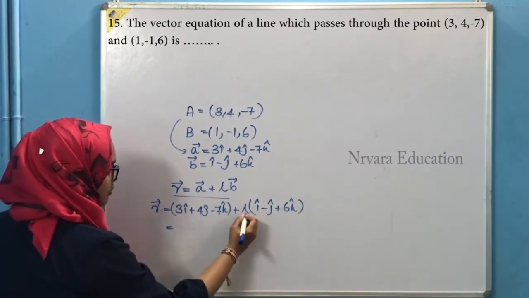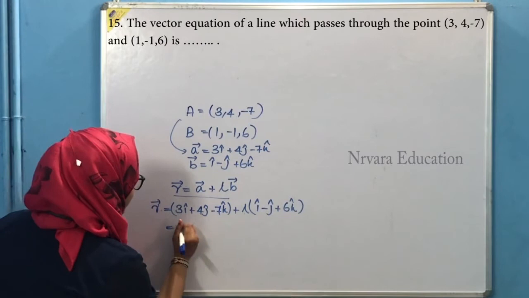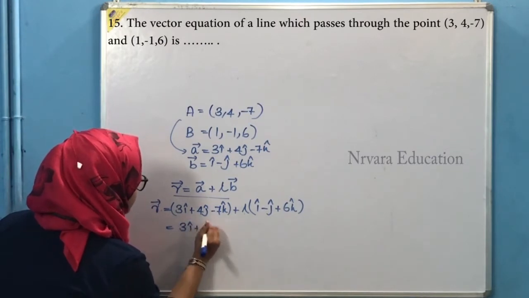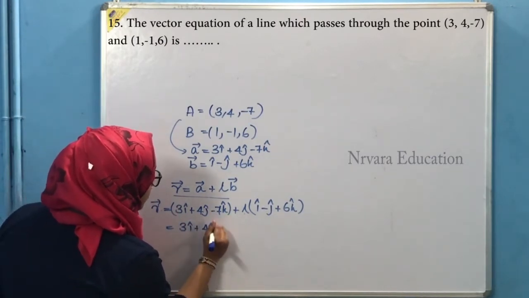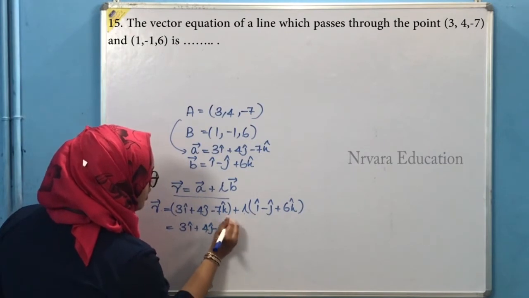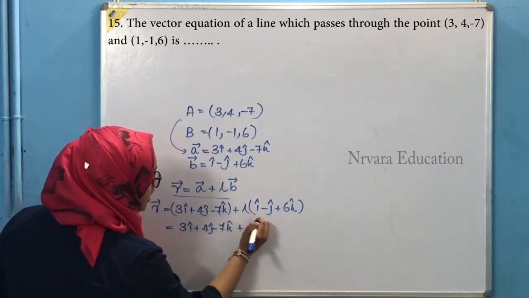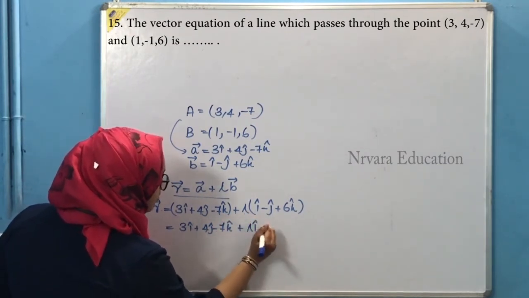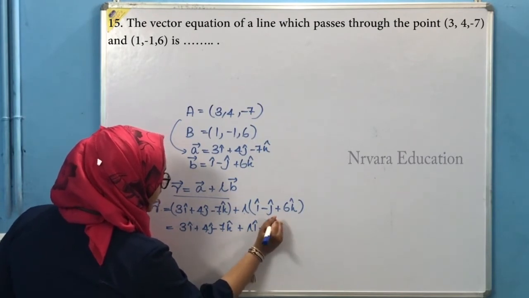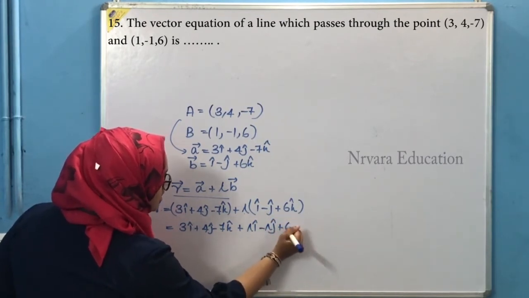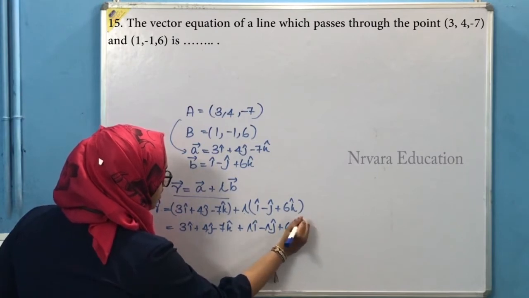Now multiplying lambda into this, we get 3i cap plus 4j cap minus 7k cap plus lambda i cap minus lambda j cap plus 6 lambda k cap.